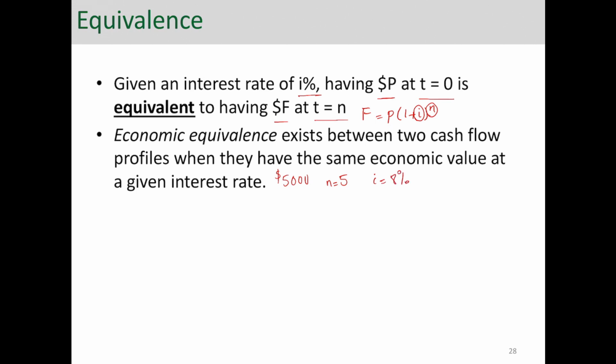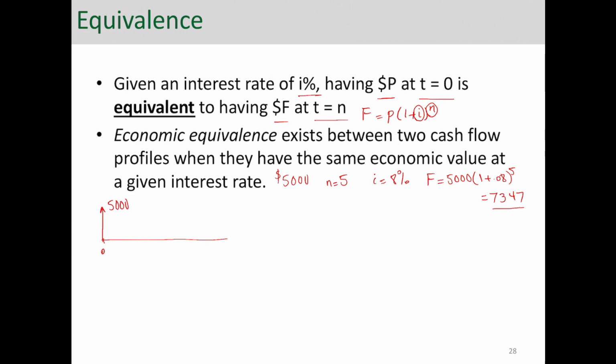And then you ask the bank, how much do I need to repay after 5 years? And they calculate for you that the future value of $5,000 today in 5 years is $7,347.